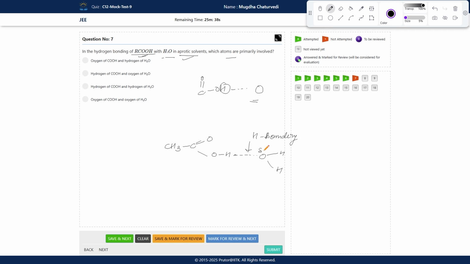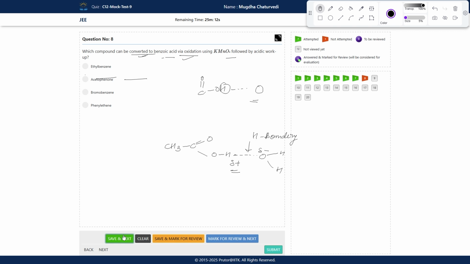This oxygen is partially negatively charged and this hydrogen over here is partially positively charged. So the correct option will be hydrogen of COOH and oxygen of H2O. So in this case, the right answer will be the second one.